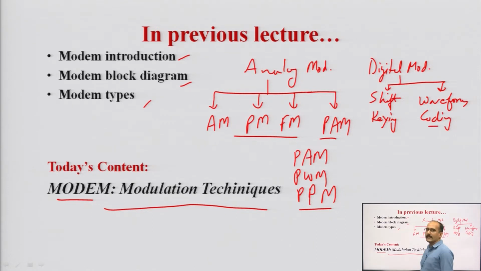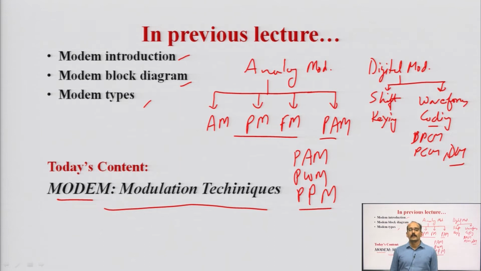In waveform coding techniques, we have PCM pulse code modulation, DM delta modulation, DPCM, ADM, that are all waveform coding schemes. In the previous lectures of this lecture series, I already told you about PCM, PAM, DM and DPCM.